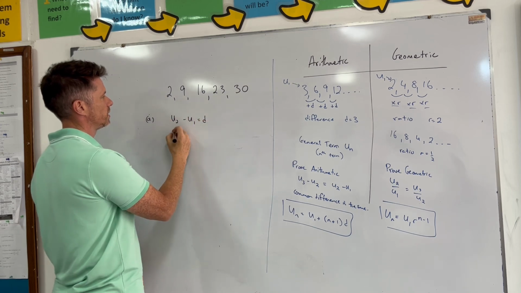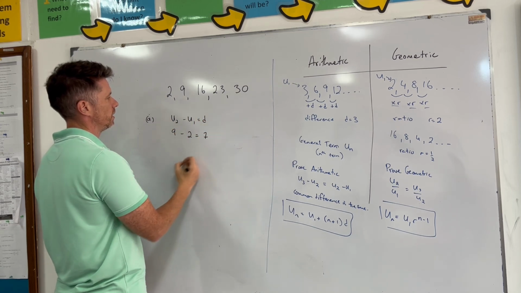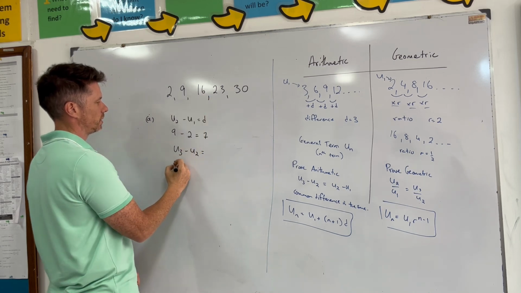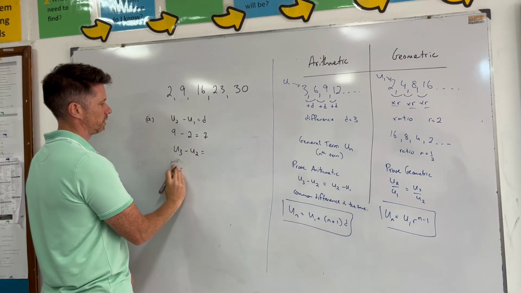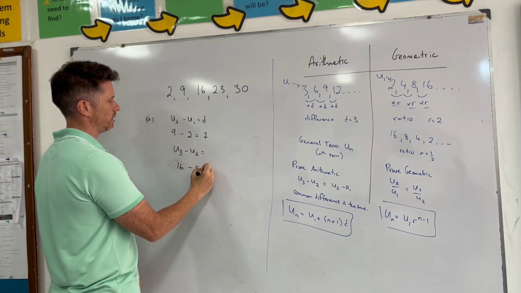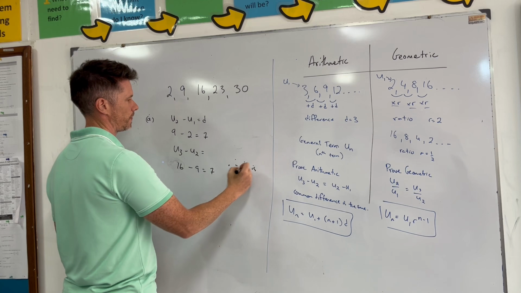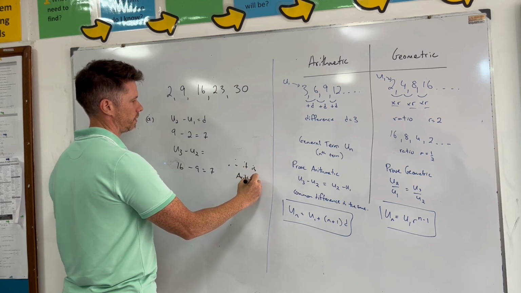So u2 is 9, take away 2 is 7. Then u3 take away u2: 16 take away 9 is also 7. Therefore, it is arithmetic.